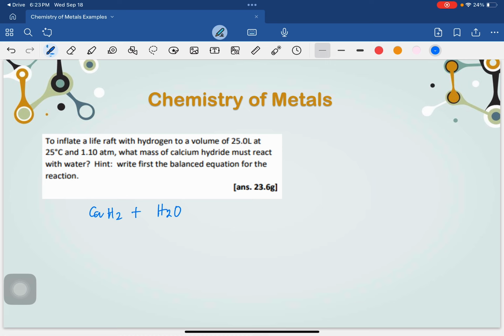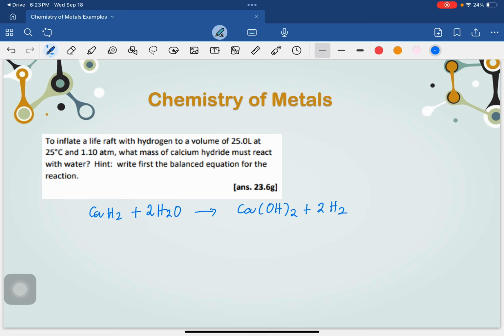But I believe in the lecture, in our Canvas, we have the reactions given there. So the product will be calcium hydroxide and a byproduct of hydrogen gas. Let's balance that. You can refer to your notes on the combinations of metals with water, the hydrides part of our lecture.